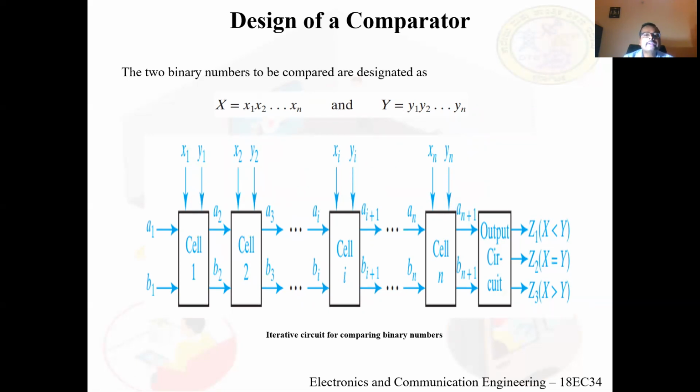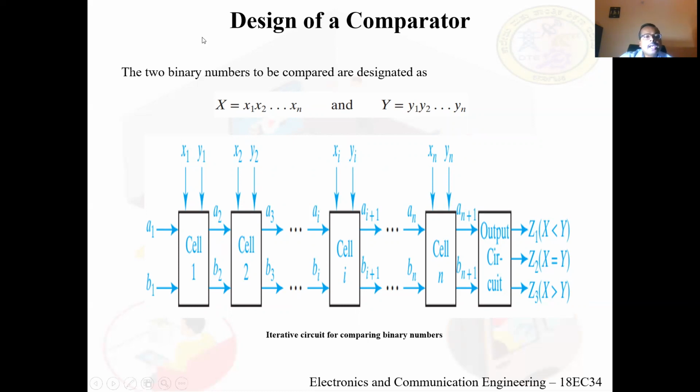So when n is 4 or 5 or beyond, the direct design approach is not practical. A better solution could be an iterative approach. Now we'll see how to design this n-bit comparator using the iterative approach.